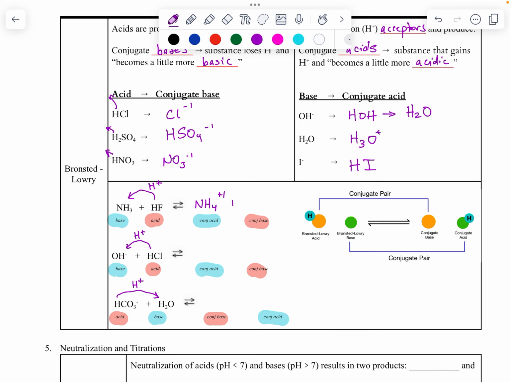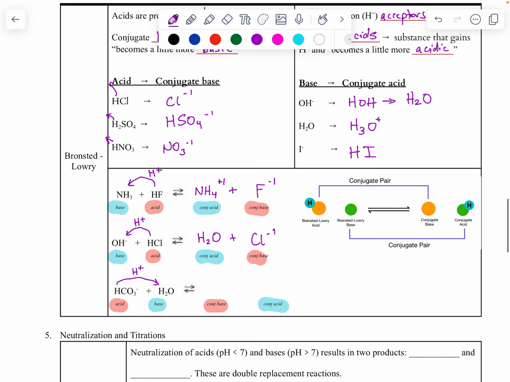All right, which means that the conjugate base is going to be F minus 1 because the H was donated from the acid, right? The conjugate acid over here should be H2O because OH is gaining that hydrogen ion, and the conjugate base should be just the chlorine with a -1 charge because it lost its hydrogen.